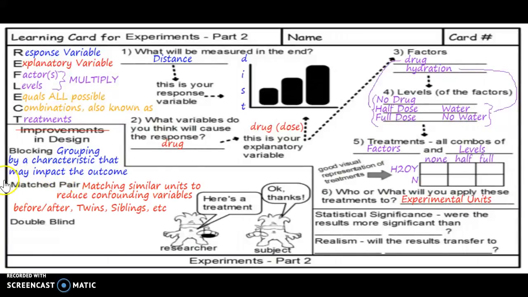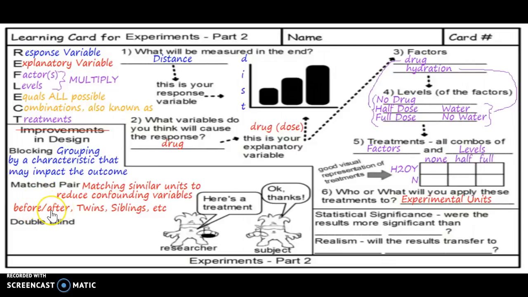A matched pairs experiment is when you take your test subjects or your experimental units and you match them together in some way, matching similar units to reduce confounding variables. So possibly a before and after. If you run a race and then you take a particular drug and you run that race again, that would be your time before compared to your time after.